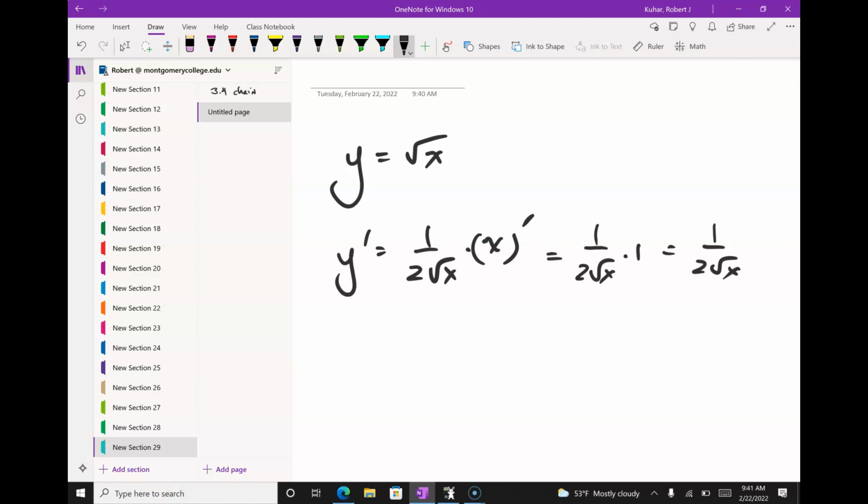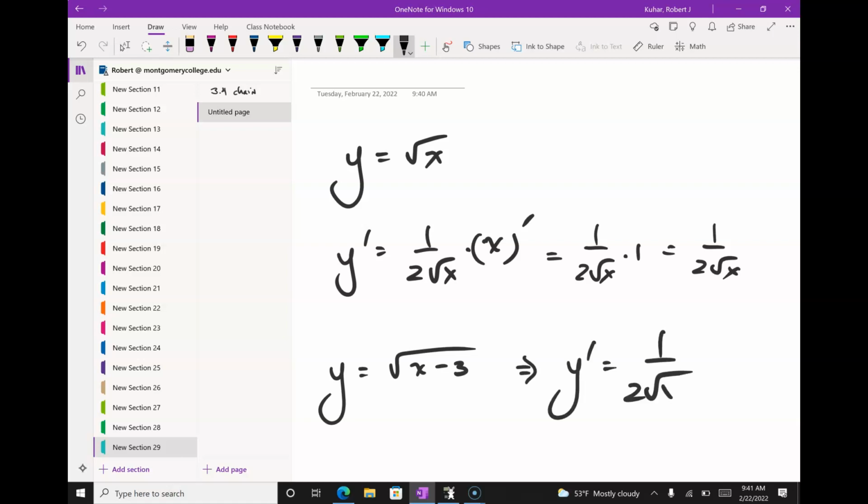I think I asked you all to investigate what happens when you shift a function over, right? When you move a hill over and the skier is still on the hill, does the slope change? No, right? I think I had asked you to do something like y equals square root of x minus 3, right? So what do I get for y prime here? I get 1 over 2 square roots of x minus 3.